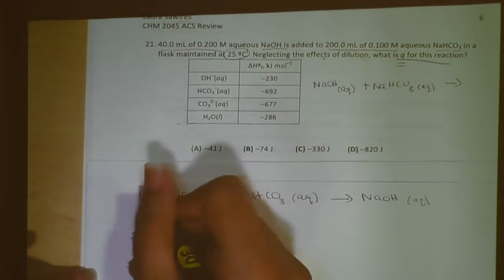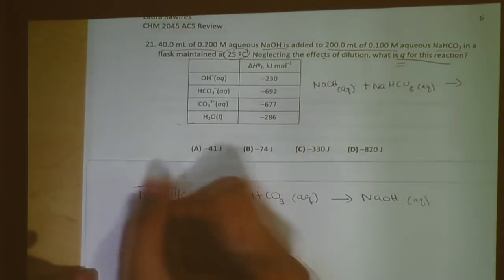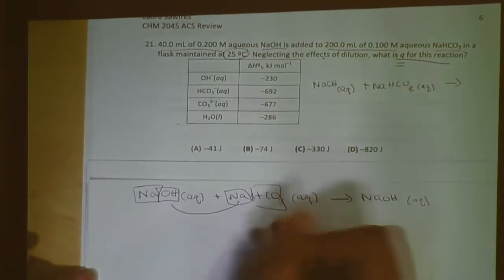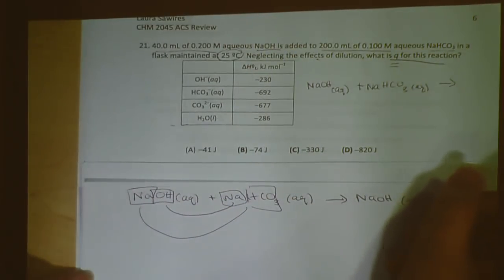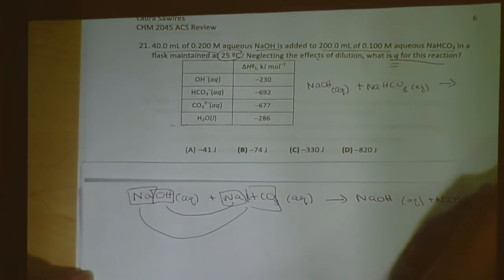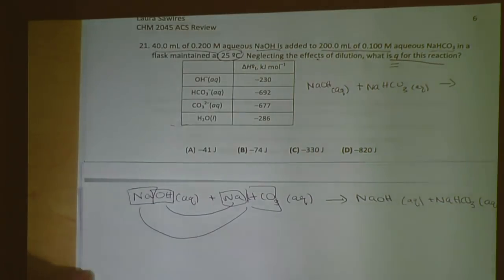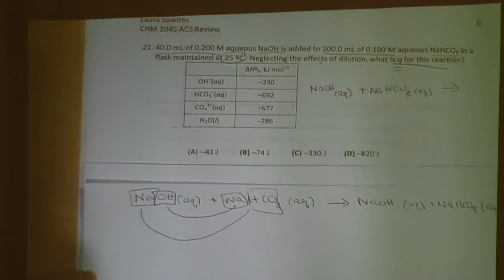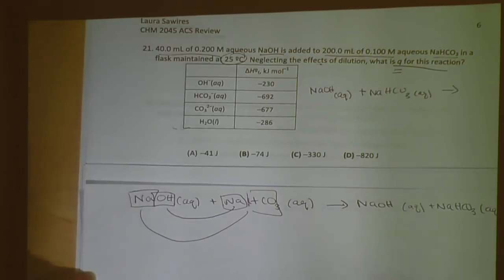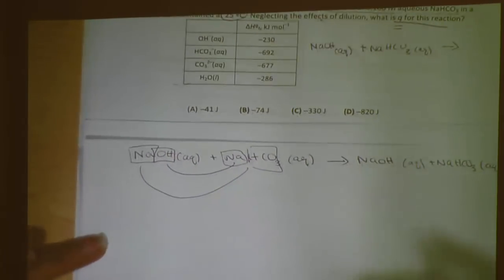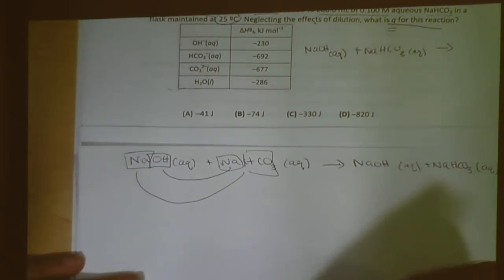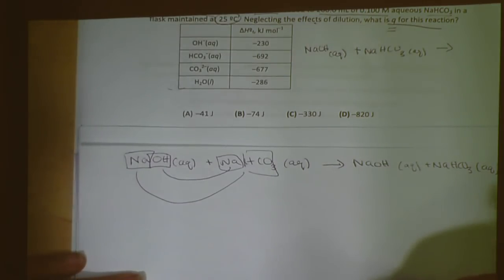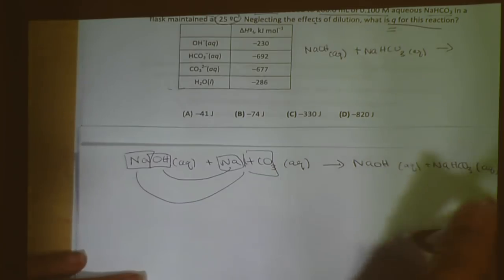The second one is also NaOH, Na and HCO3, they go together, which is also aqueous. Right? So they are both aqueous. They give you the same thing, actually. So you're neglecting the effects of dilution. What is Q for the reaction?